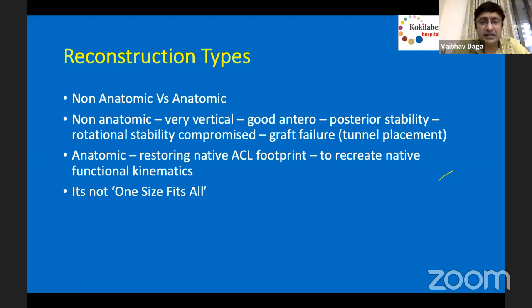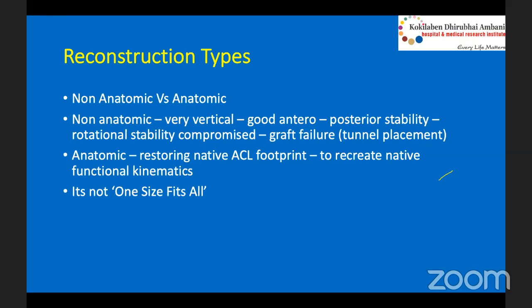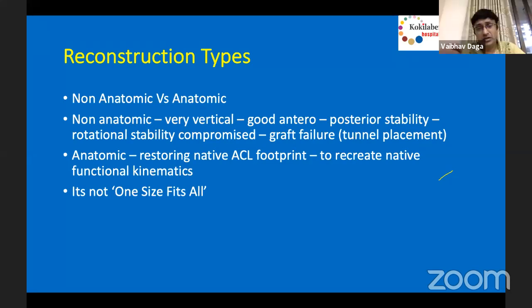Non-anatomic is very critical: it gives good anterior-posterior stability, but rotational stability is compromised, with graft failure and tunnel placement issues. Initially they started with a non-anatomic site, where they drilled the tunnel for the graft placement somewhere other than the normal anatomical insertion of the ACL onto the tibia.